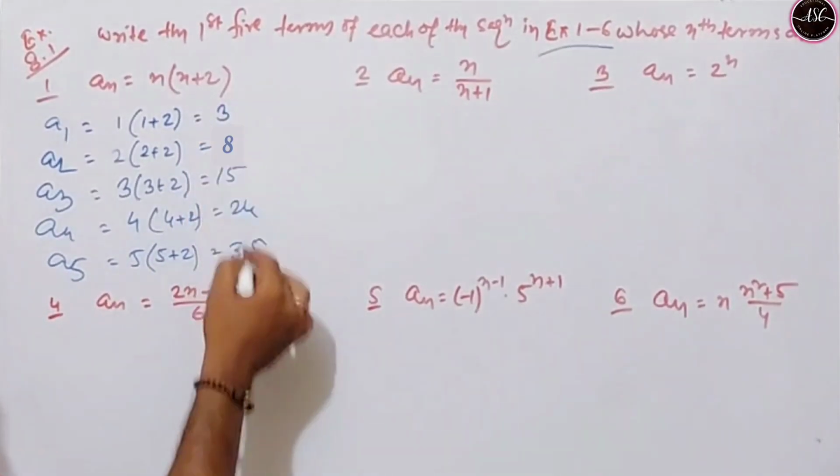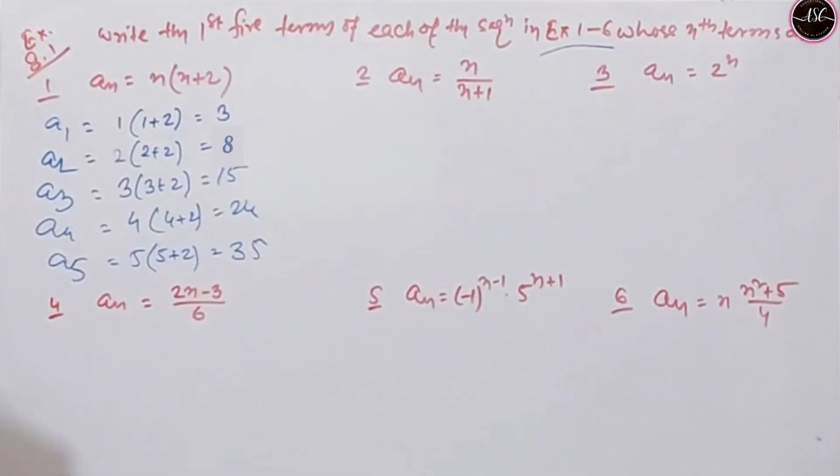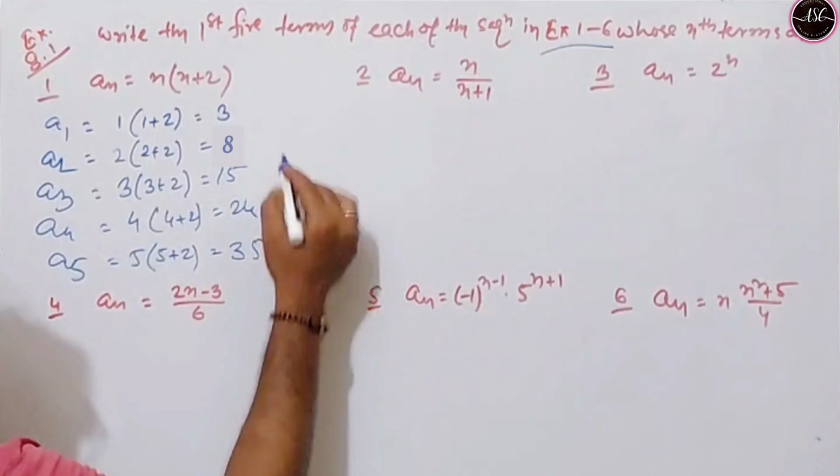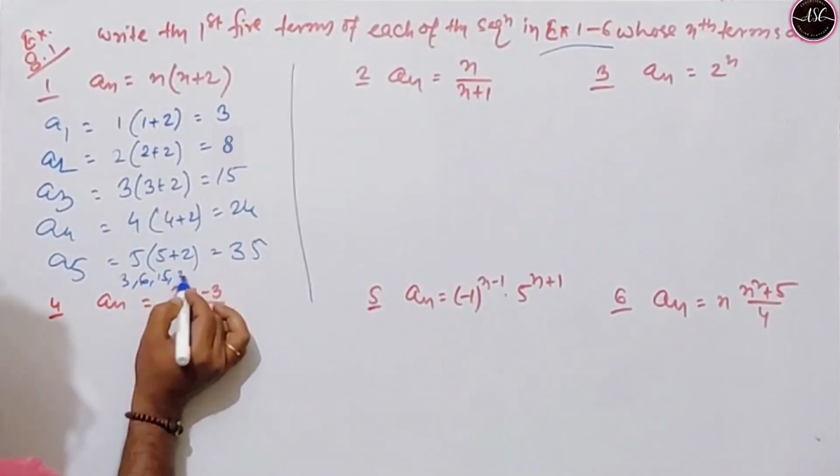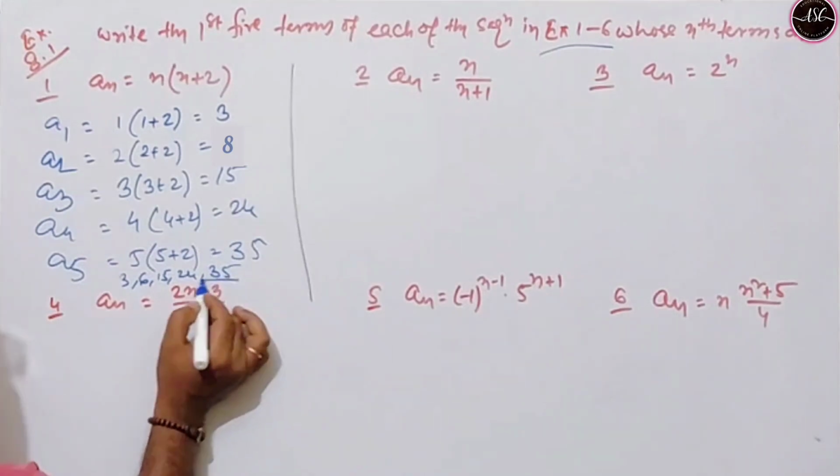Okay. So the 5 terms are 3, 8, 15, 24 and 35.